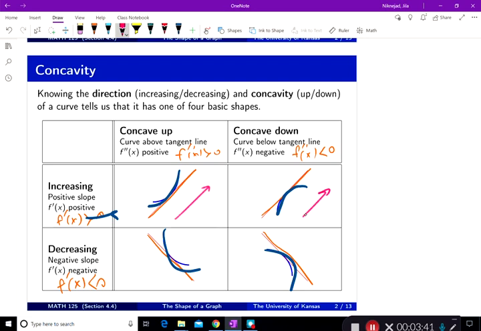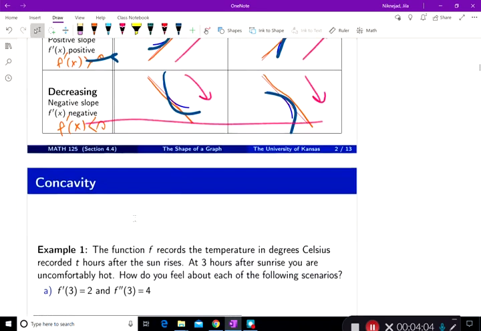And then I decide by the concavity. For this row, according to the tangent line being negative, in the direction decreasing, I'm going to put the tangent line in, and then concave down goes below, concave up goes above it. And that's how I choose the shape of the graph.